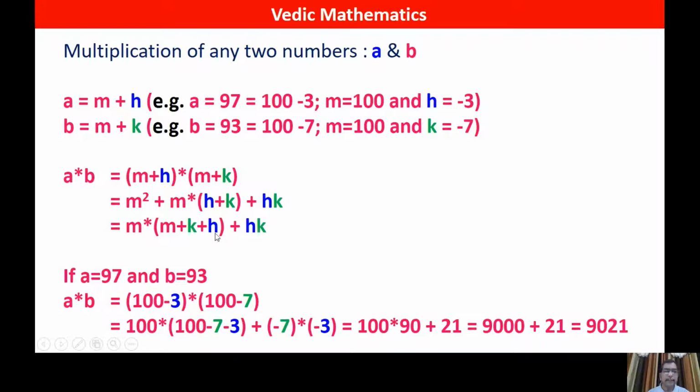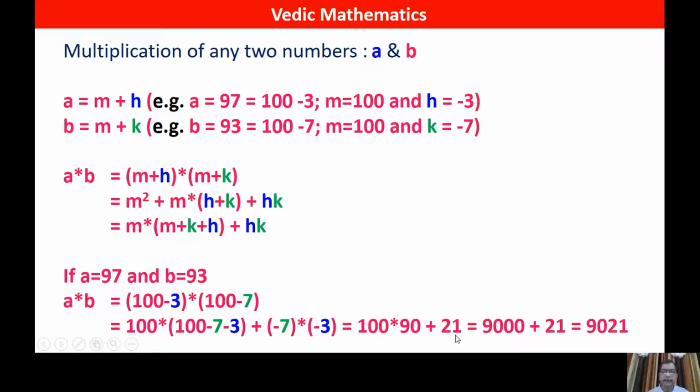M plus K plus H, where K and H are minus 7 and minus 3, plus the multiplication of H and K. This becomes 100, the same value, multiplied by the sum of these three numbers, that is 90, plus 21, since 7 threes are 21.